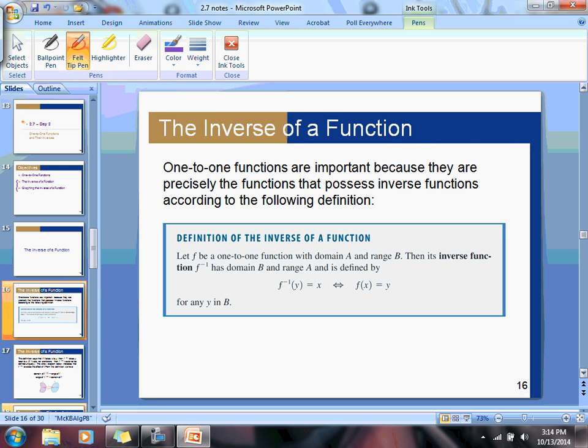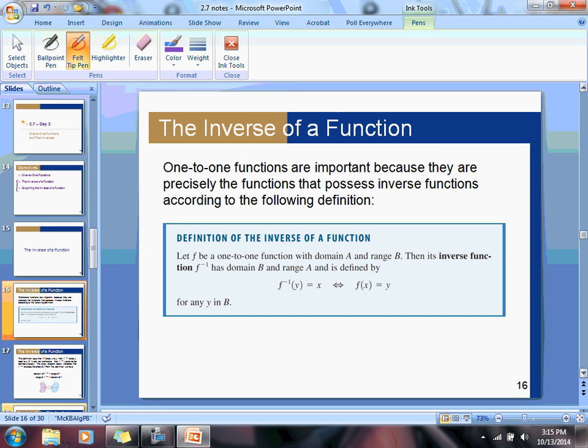Now, the inverse of a function, we talked about it yesterday. If a function is one-to-one, that's important because the function that you do to go from the input to the output will also work backwards when you're trying to go from the output towards the input.